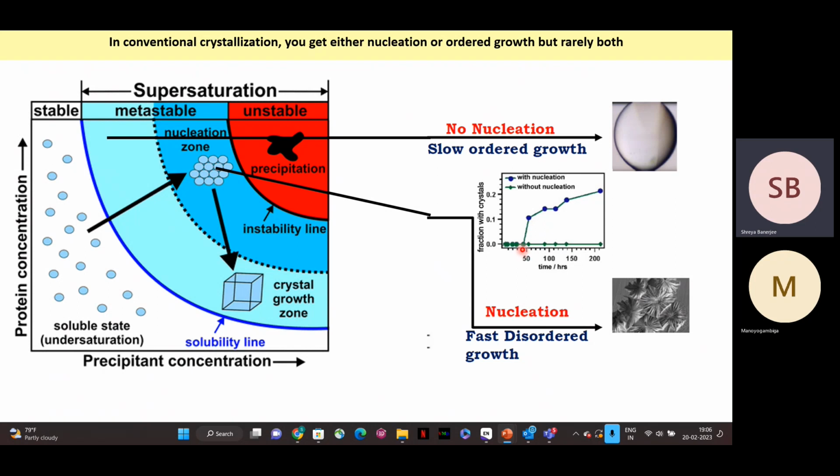And so, as you can see, the crystals grow fast. And as discussed, because of this fast growth, the crystals are disordered. But this green line, which is the one without nucleation, shows very slow uniform growth of crystals, leading to ordered crystals.